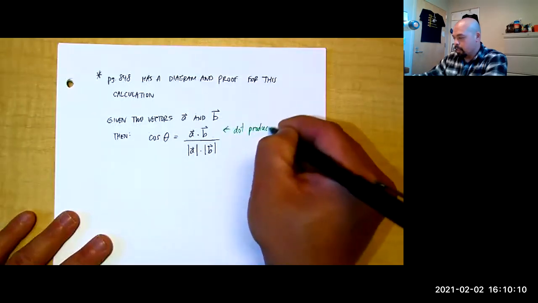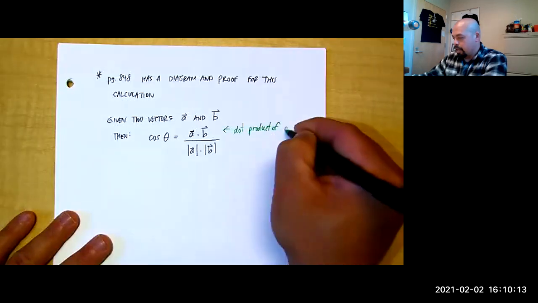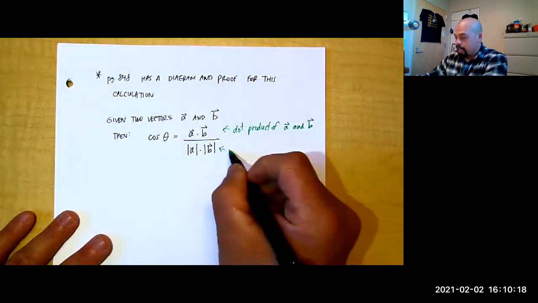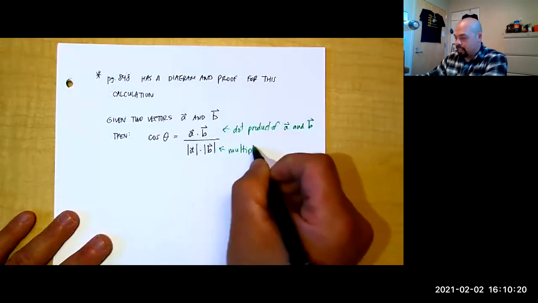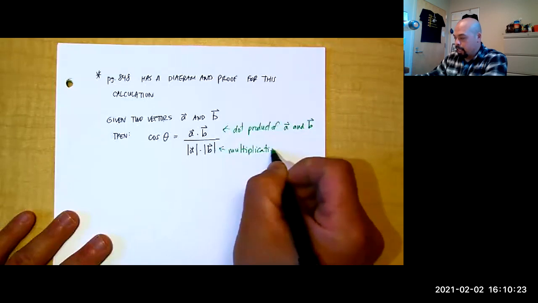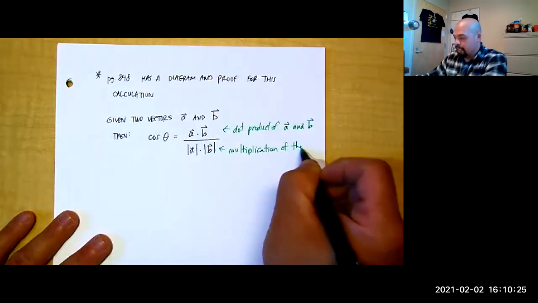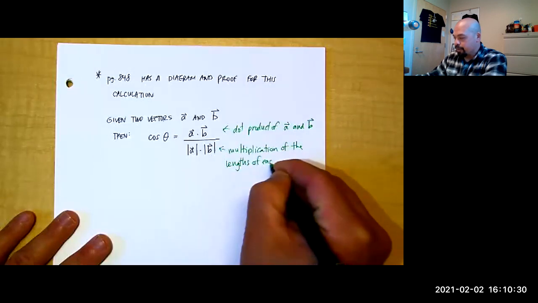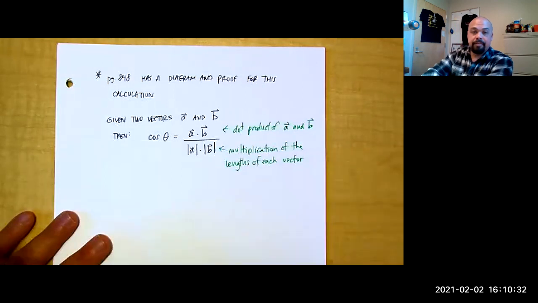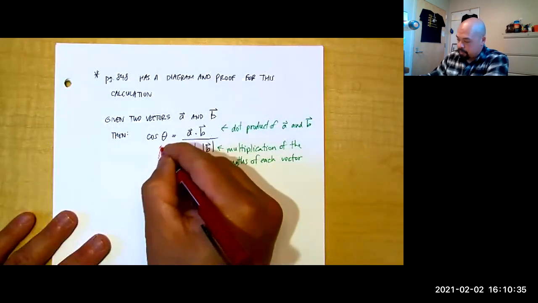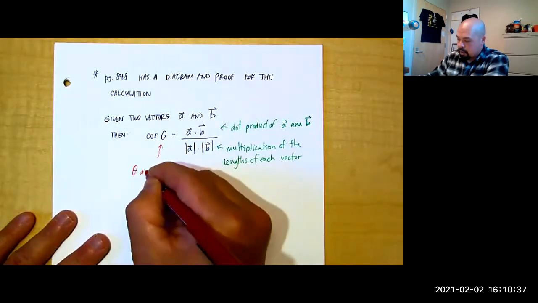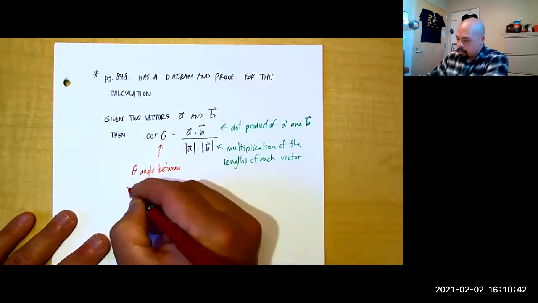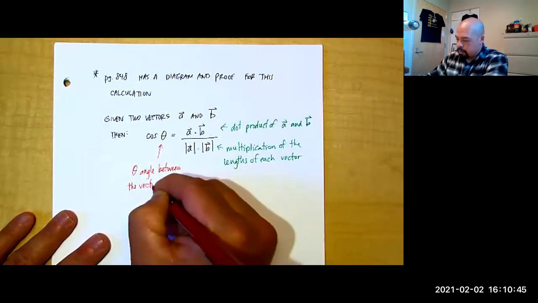Dot product of A and B. And this is just the multiplication, because when we look at the length, that's a scalar value, a numerical value, multiplication of the lengths or magnitudes of each vector. And then that cosine theta, theta is our angle between those vectors A and B.